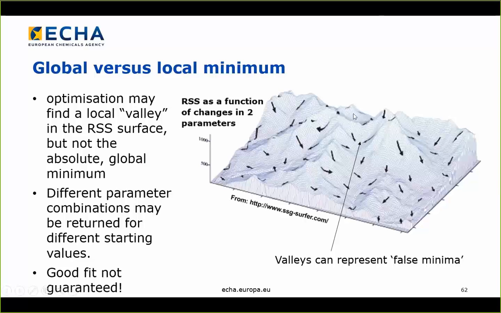So the model will think that it's found the minimum RSS because you've told it to start at this point and it went down, and then when it starts to go up, it knows the lowest RSS value is here. However, if you started further up, maybe up here, and you went down this hill, you would find a lower RSS value.